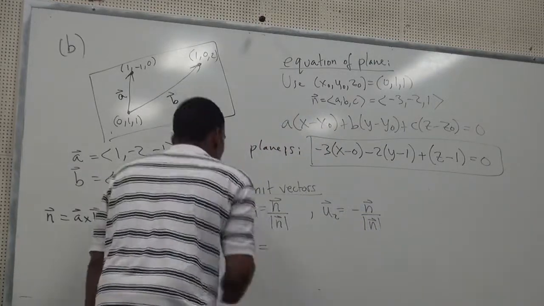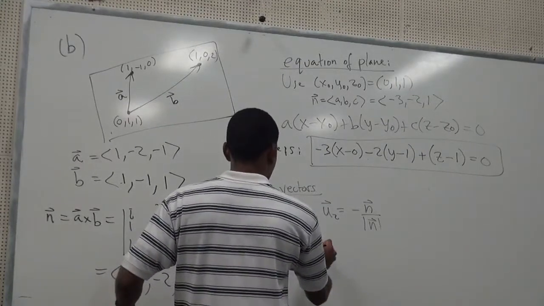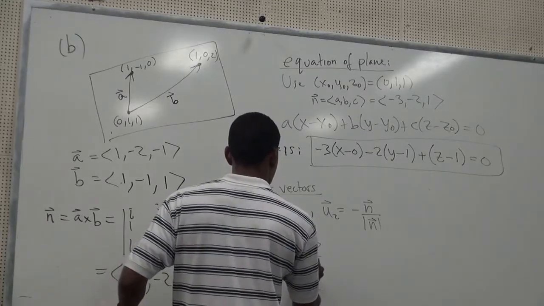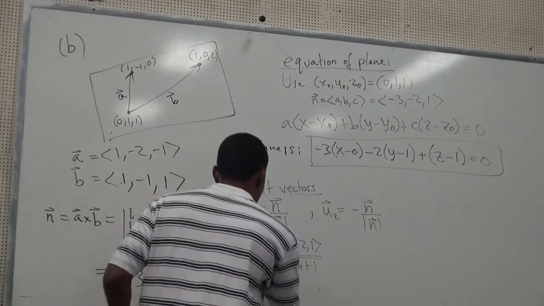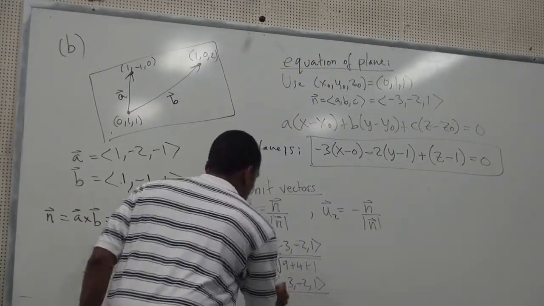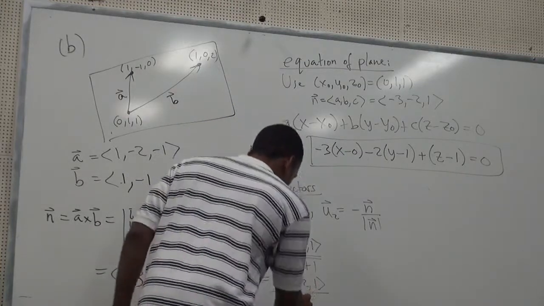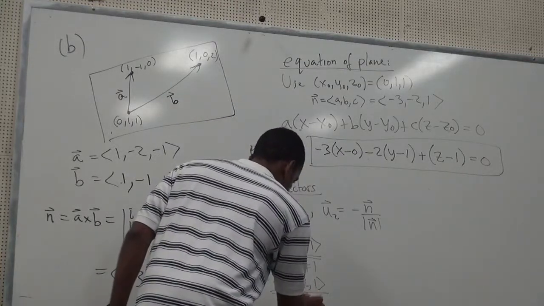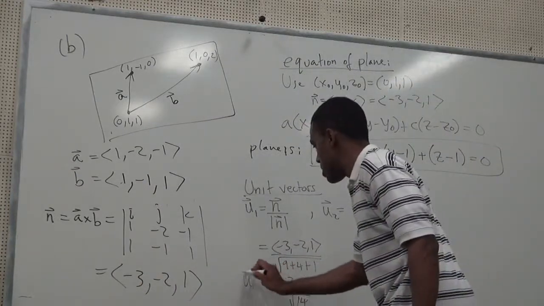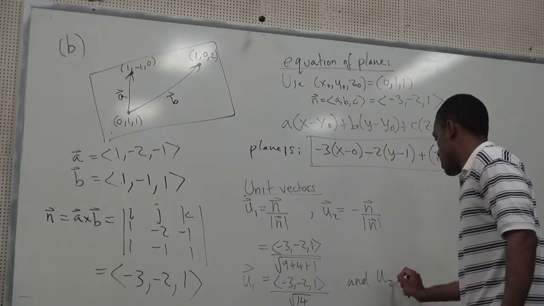So u1 is equal to the vector minus 3, minus 2, 1 over the radical of 9 plus 4 plus 1, that's radical 14, which is not really a nice number. So that's one unit vector, and the second one is just the negative of that.